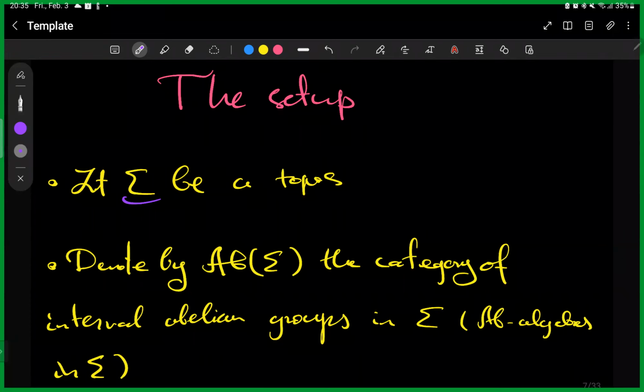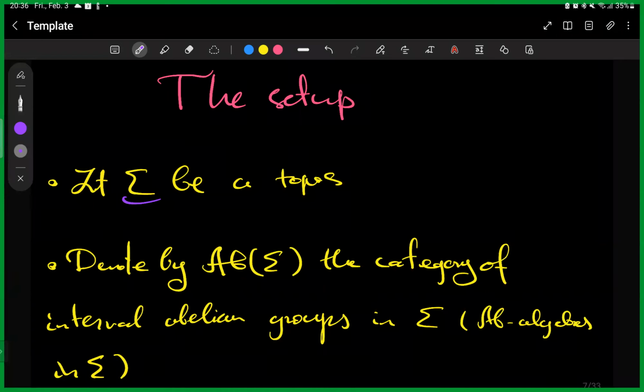Yeah. But those are just basically words, because the word internal means that you can draw diagrams in sets which encode the structure of, for example, an abelian group, and then you can consider them as diagrams in an arbitrary topos. And then you say that an object which satisfies these commutativity conditions for these diagrams is an internal, I don't know, abelian group in a topos.